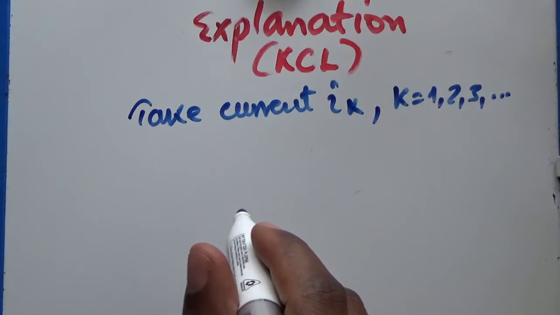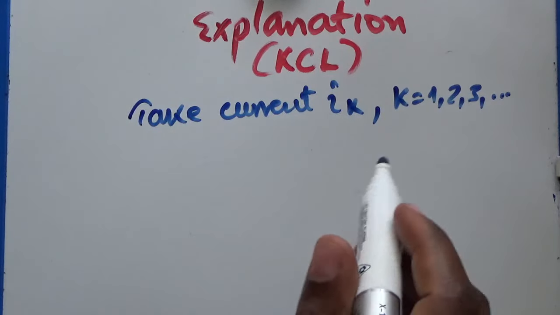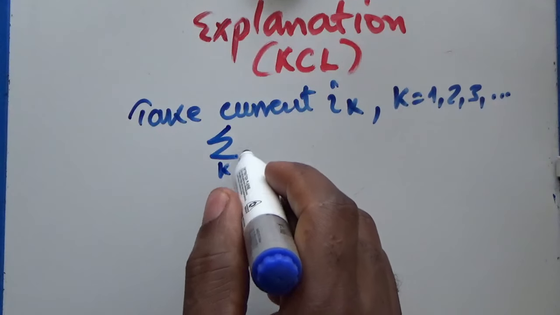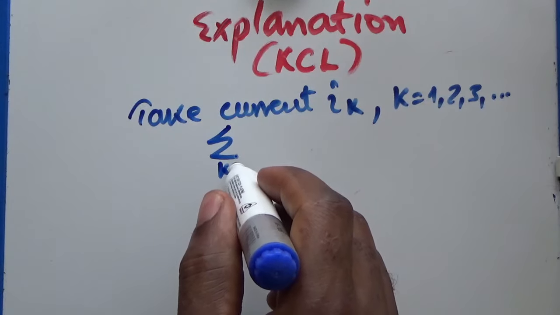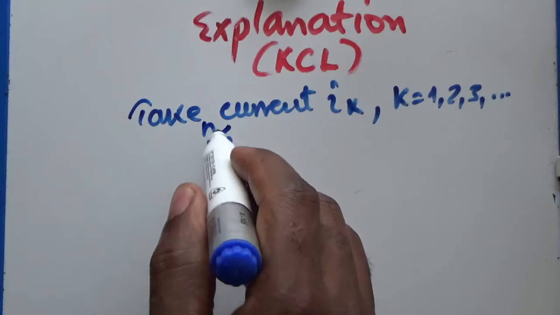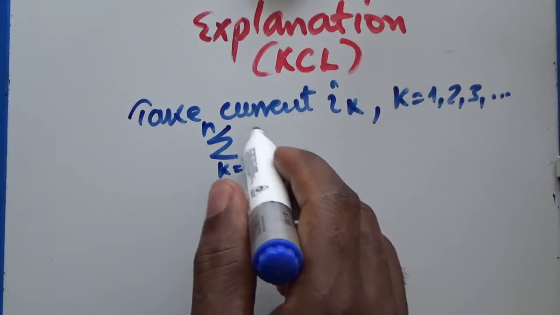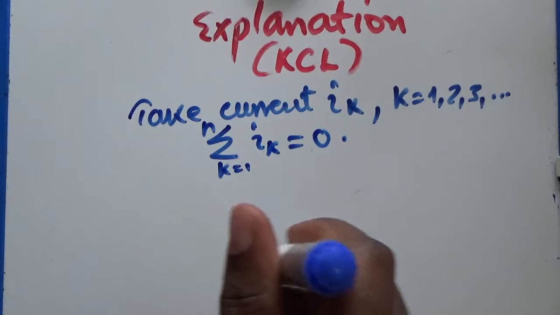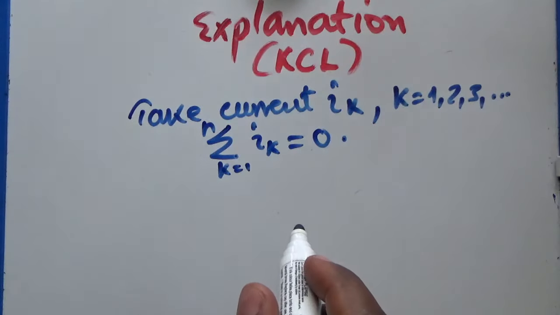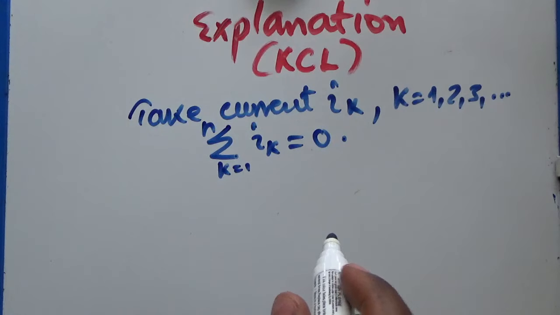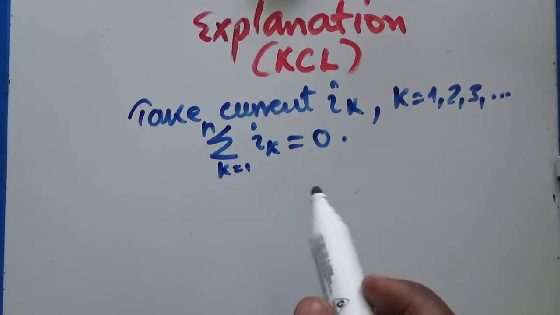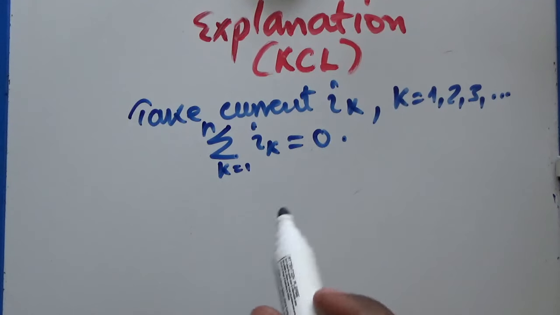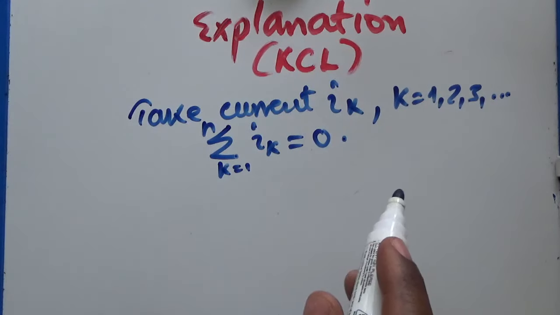Then because the ones entering would be equal to the ones getting out, we shall have the summation of k equal to 1 up to n of them, Ik, equal to 0. Never mind about this kind of mathematics expression. We are saying that if we have I1, I2, I3, then some are entering, some are leaving.